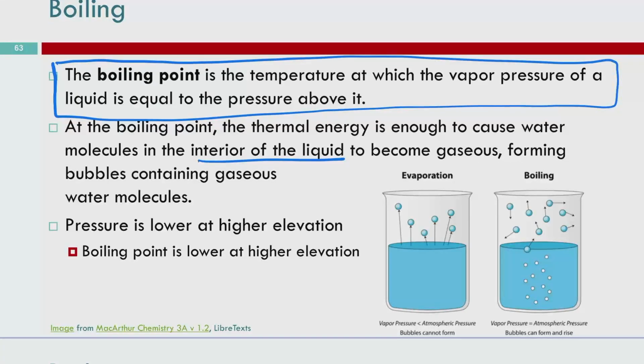There are a couple of ways this can change. Because boiling is the temperature at which the vapor pressure is equal to the pressure above it, if the pressure, which is lower at higher elevation, drops, you don't have to heat the water up quite as much to match that pressure. And so practically, this means that the boiling point is lower at higher elevation.